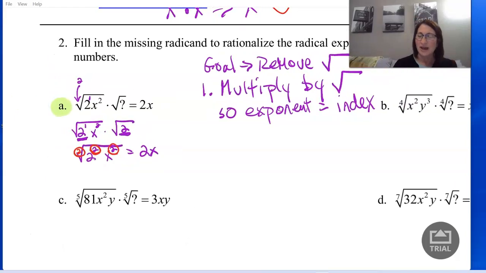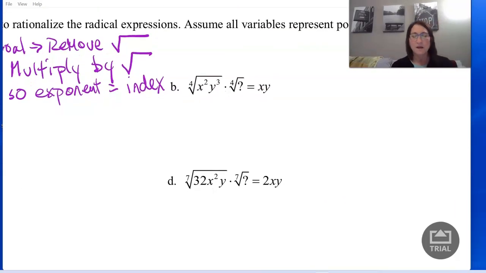Okay, let's look at B. My goal for this one, I need 4 x's and I need 4 y's.